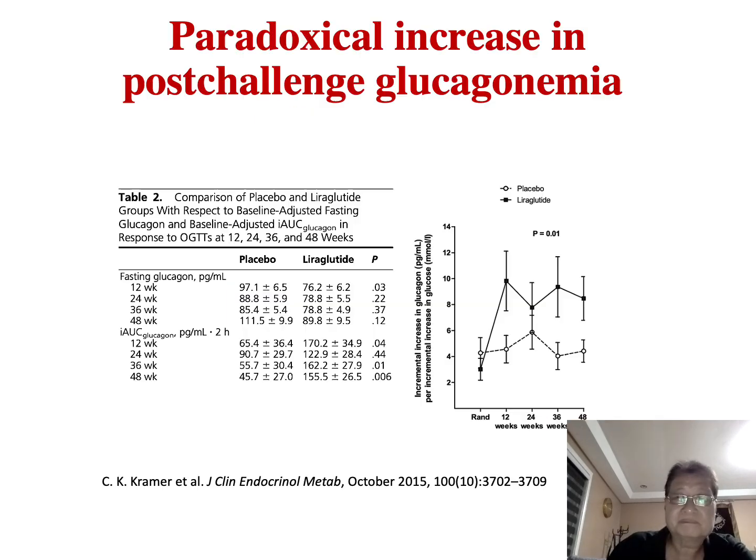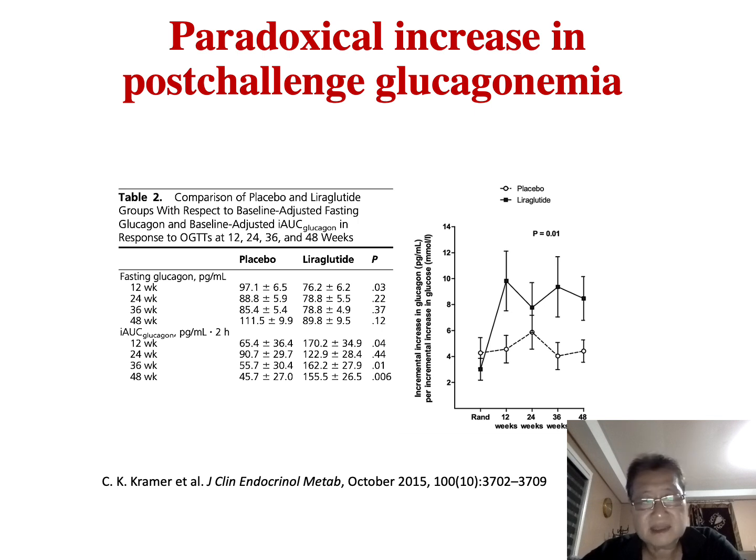Now, one interesting finding with liraglutide is the paradoxical increase in post-challenge glucagonemia in patients with early type 2 DM, as shown in this slide. This is a chronic therapy, and it was associated with paradoxical enhancement of post-challenge hyperglucagonemia.